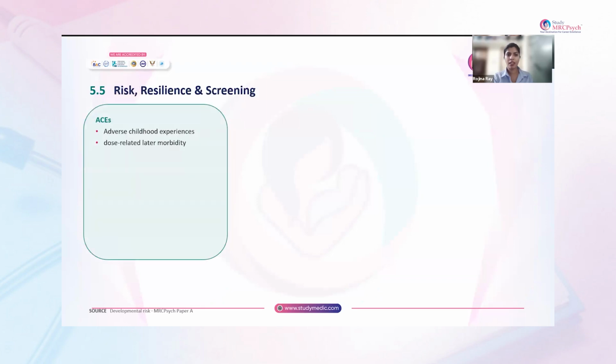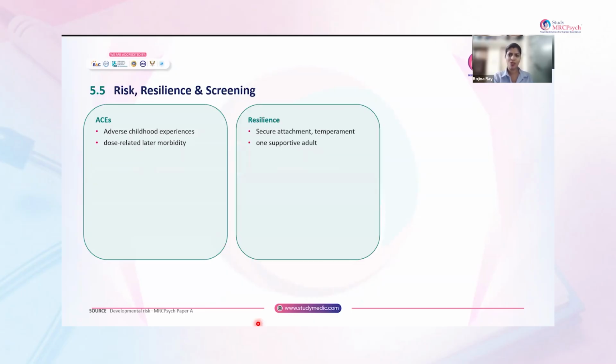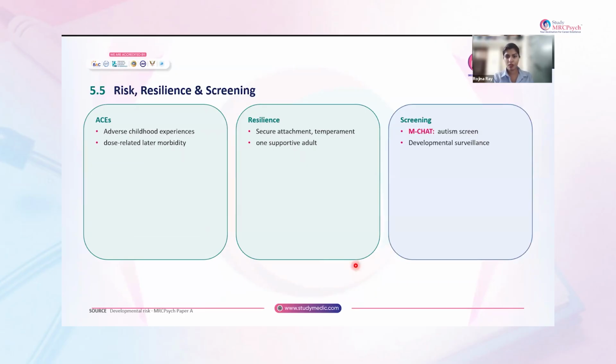Now, the landmark adverse childhood experiences study proved that childhood trauma has a dose-response relationship with all the major adult health outcomes, not just mental health, but also physical health conditions like heart disease or cancer. And children are not merely damaged by trauma, but their resilience can be fostered.